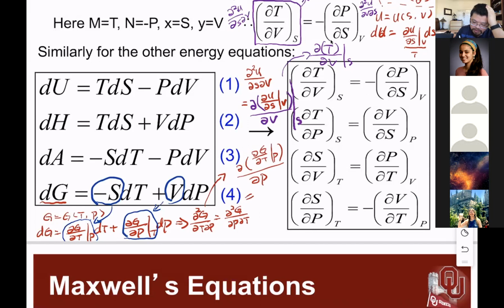So inside the parentheses, dG over dT, keeping pressure fixed, would be negative S. So this is d of minus S over dP. And of course, here you are going to keep the temperature fixed. On the other side, I'm not going to repeat the writing, running out of space.